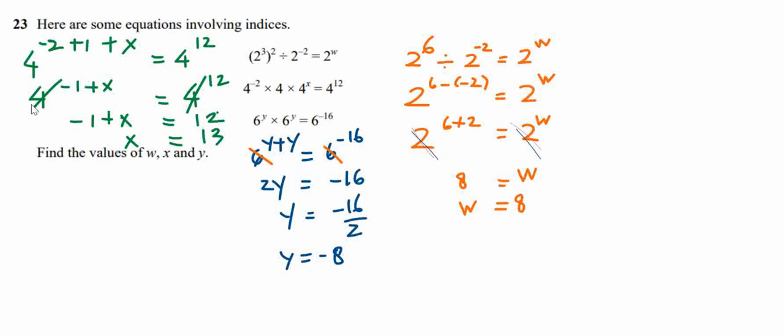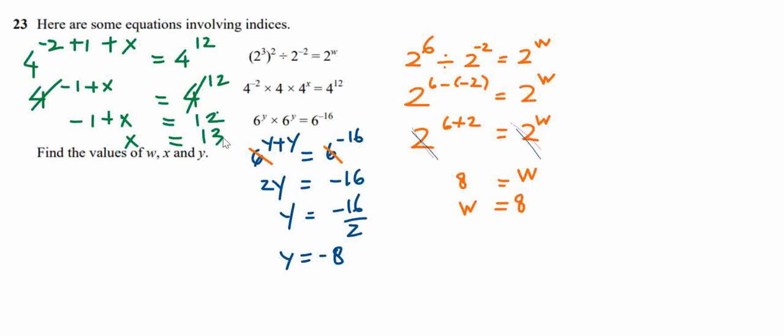Now we have the same base on the left and right, so we cancel out the 4. Now we do the operation with the indices. Negative 1 plus x equals 12, so x equals 12 plus 1, moving negative 1 to the right. 12 plus 1 is 13. So we got x is 13.